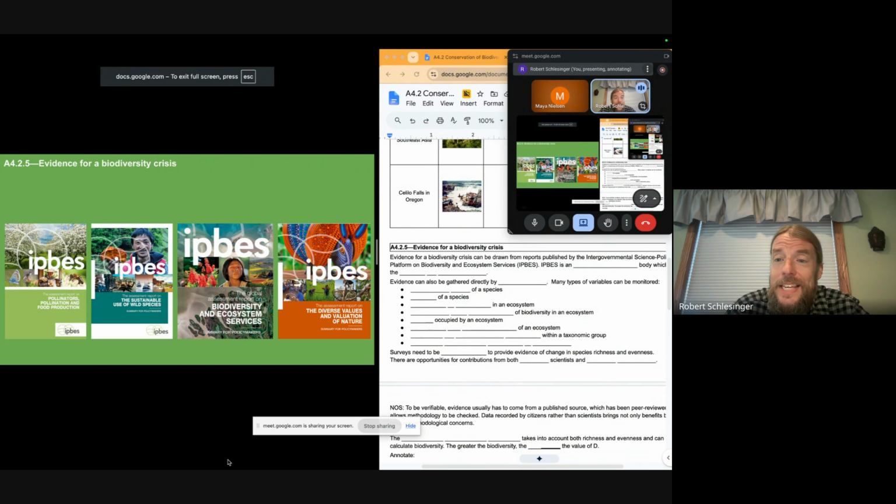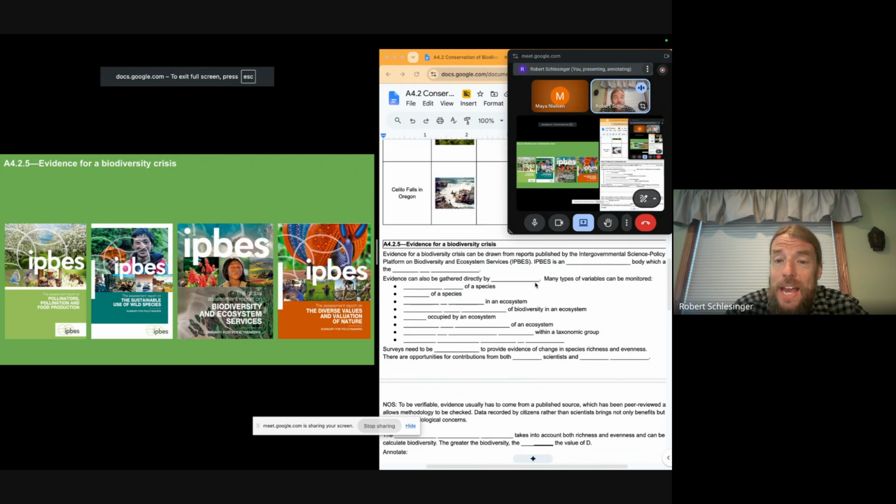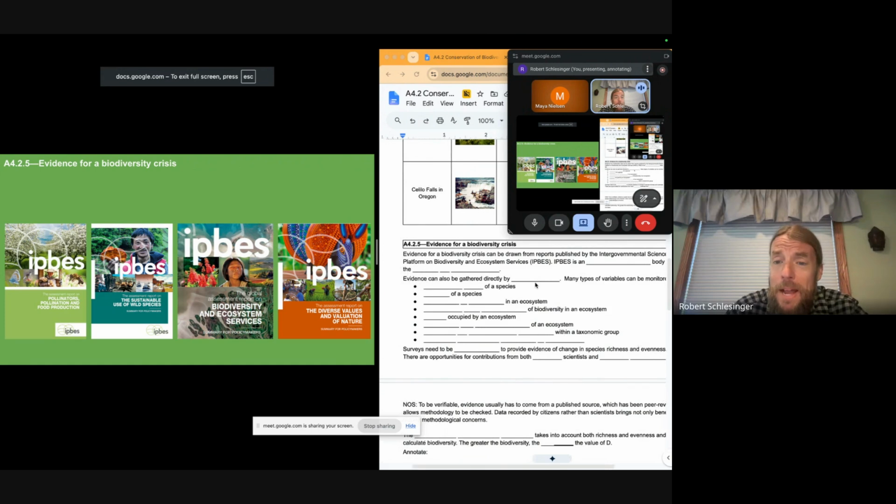It is the Intergovernmental Science Policy Platform on Biodiversity and Ecosystem Services, or IPBES. And this is their sole mission. They're sponsored in part by the UN, United Nations, so they're not affiliated with any particular national government, and that's a good thing, right?